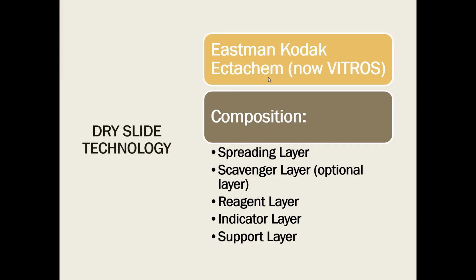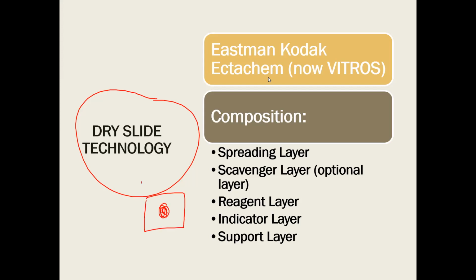Eastman Kodak Ektachem is the former name of Vitros Diagnostics, and Vitros is one of the machines that uses dry chemistry. Dry chemistry uses chips where we place our sample, and the reagent is already on the chip.